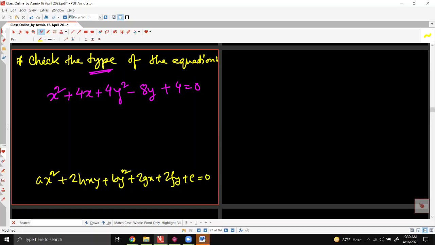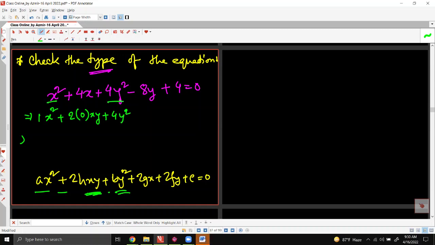So if we have this equation, we need to make this equation similar to this one. That means we have to rearrange the given equation. So we can write 1x squared plus, there is no xy term, so 2 times 0 xy, plus by squared, that means 4y squared.